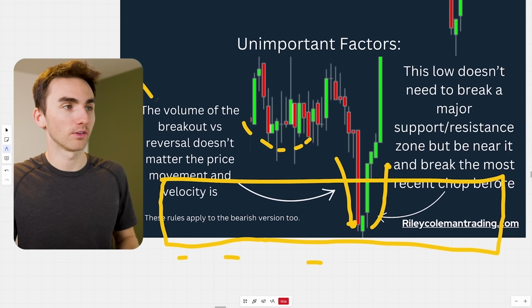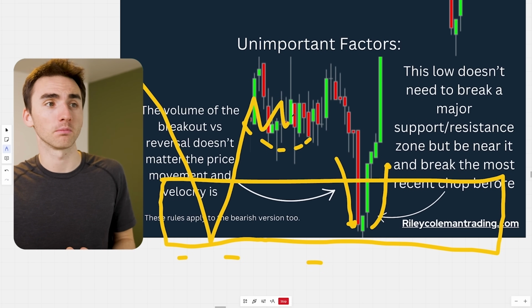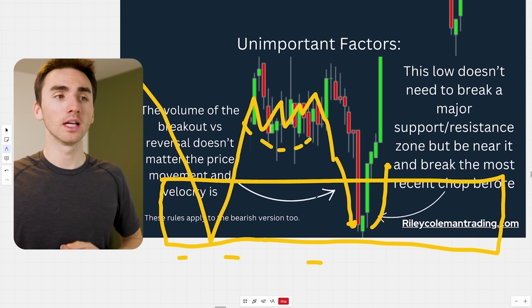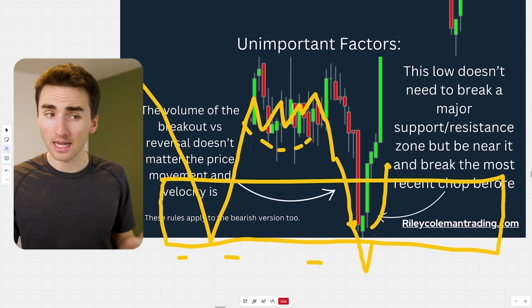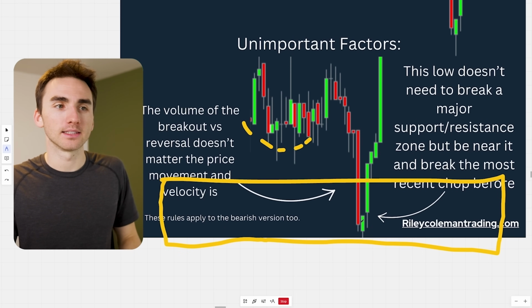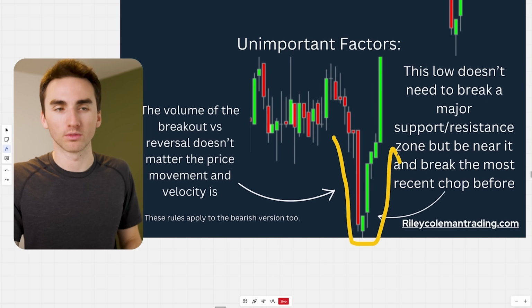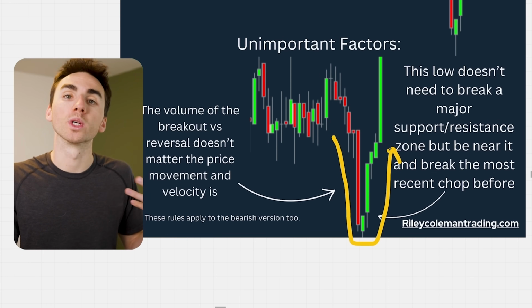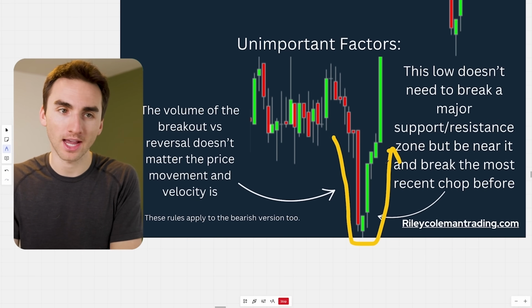If we have a big move down here, that's where that low is drawn, and then it comes here and snaps back. It doesn't need to break this low to be considered a failed breakout or a trap in this case. What I'm looking for is that it's had this chop and it's made this move and then reversed. That is really what you're looking for, and that's going to shift it really fast in one direction.